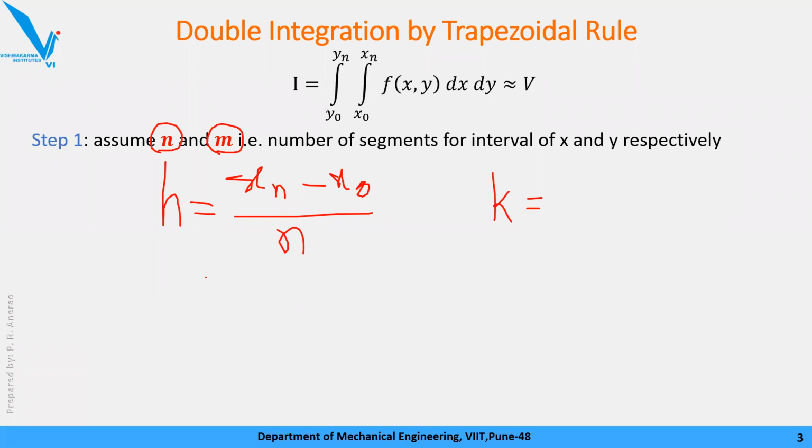Inspired from the earlier h formula, this k will be equal to yn minus y0 divided by m. m is the number of strips in the y direction. So step 2 is again easy for you.